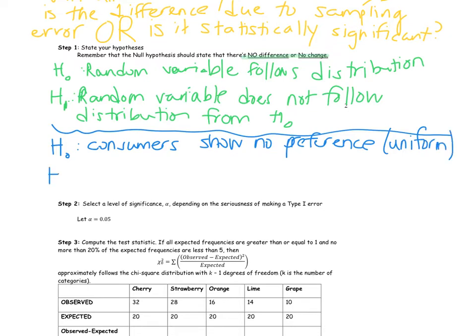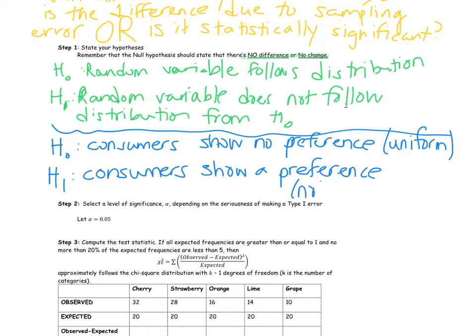And then the alternative would be not uniform. Excuse me, consumers show a preference. And that would mean not uniform.